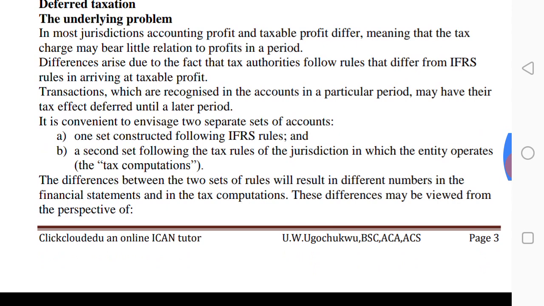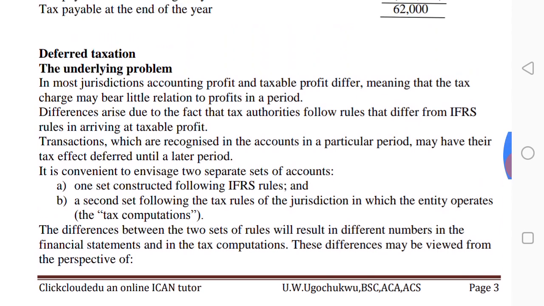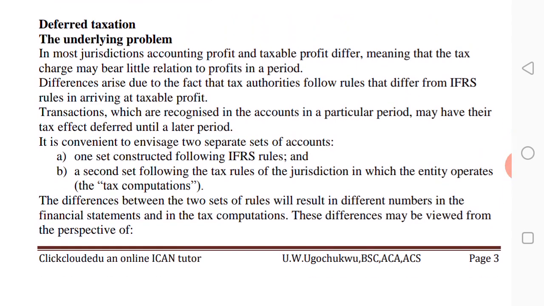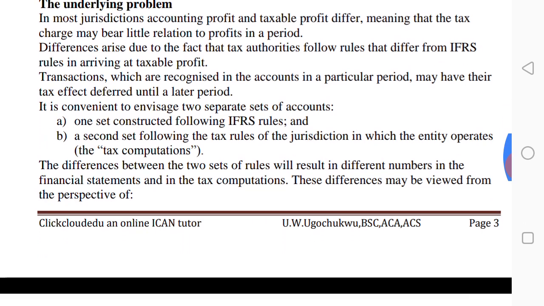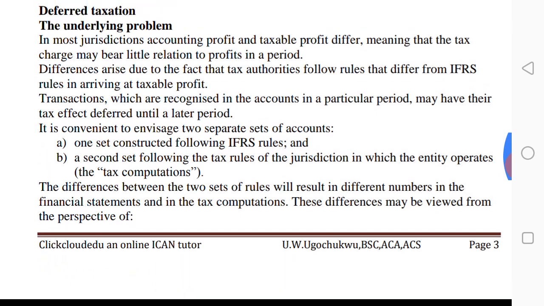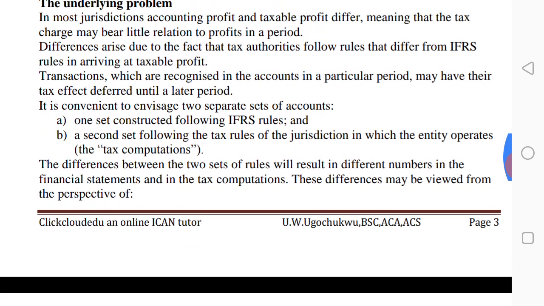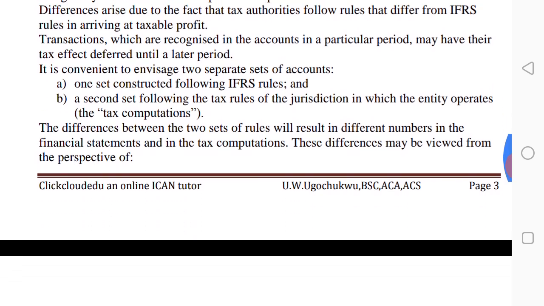As I said before, the reason why there is deferred taxation is the difference between the accounting profit and the taxable profit. This difference is what warrants the government taxing the company in a different way, while the accountant will tax the profit in a different way. So this difference will warrant a temporary difference that I explained earlier.